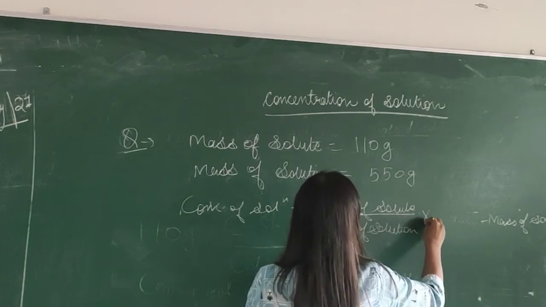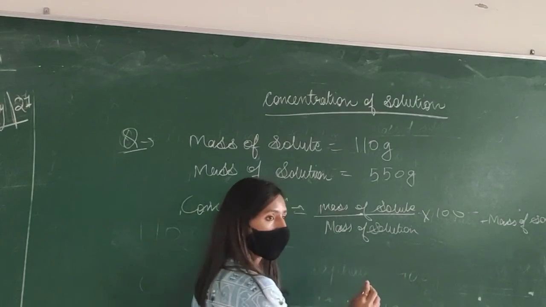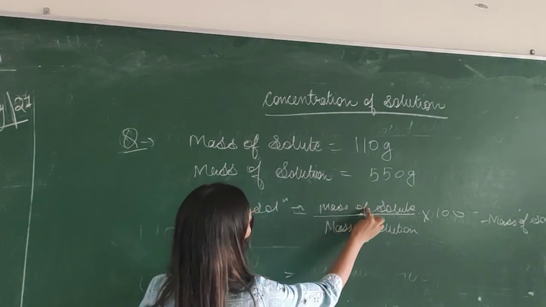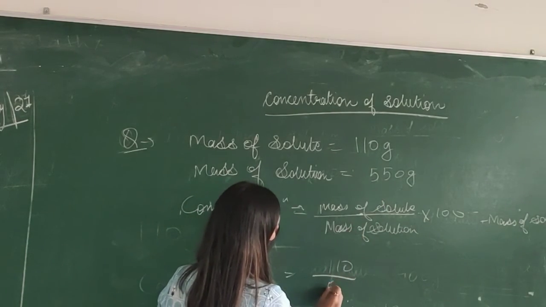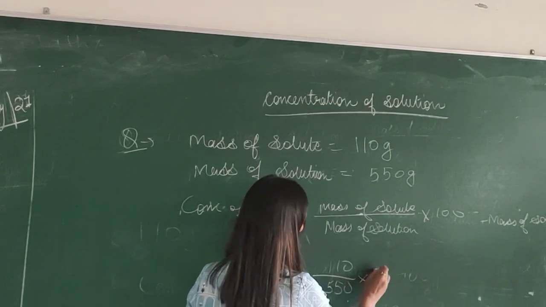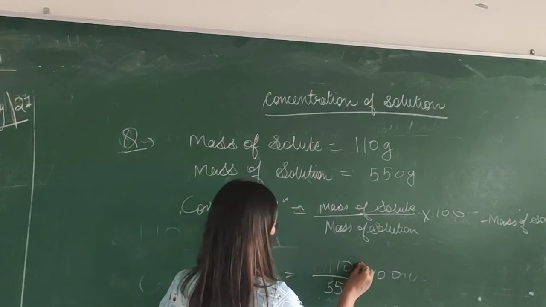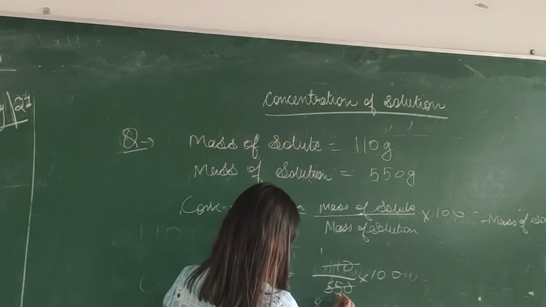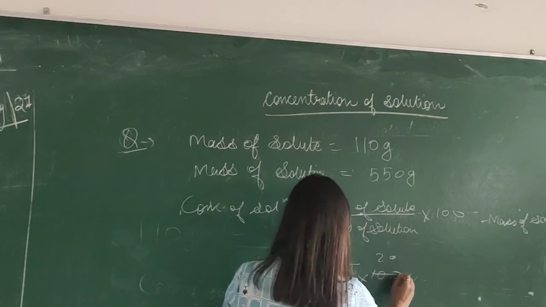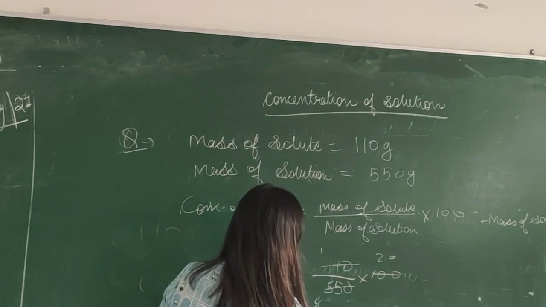This is the only formula which you have to know. बस यही formula है. ठीक है. अब वैल्यू लिखेंगे. मास ऑफ सॉल्यूट है 110, मास ऑफ सॉल्यूशन है 550. Okay, so here, yes, it will be 20%.